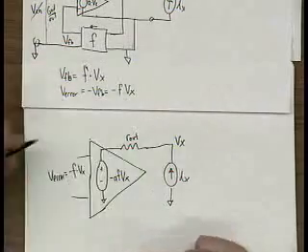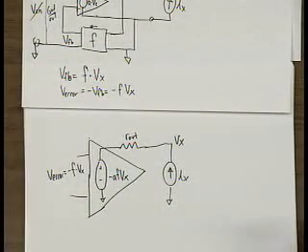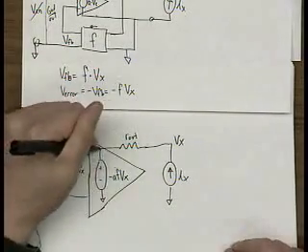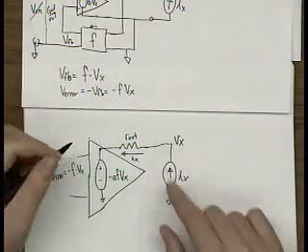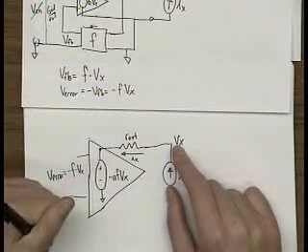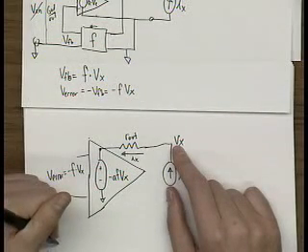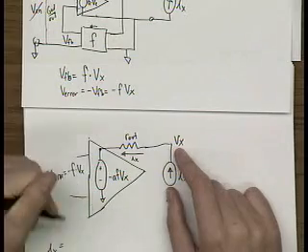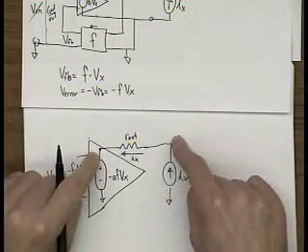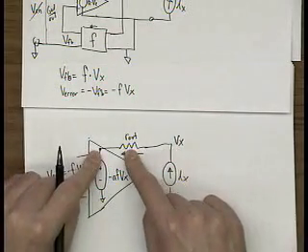I just redrew the network. This is Ix, and so we know that Ix is equal to the voltage here minus the voltage here divided by R out.